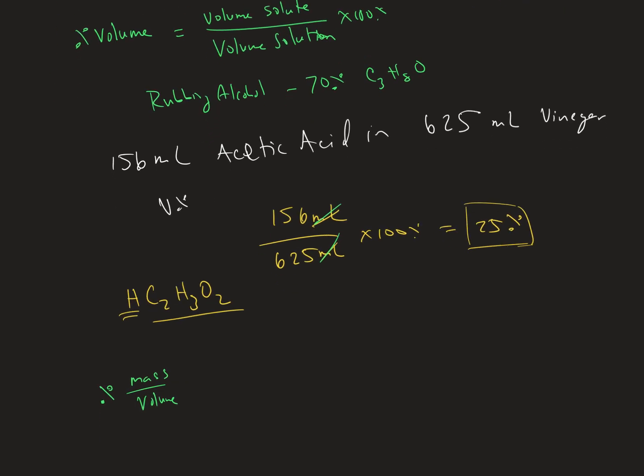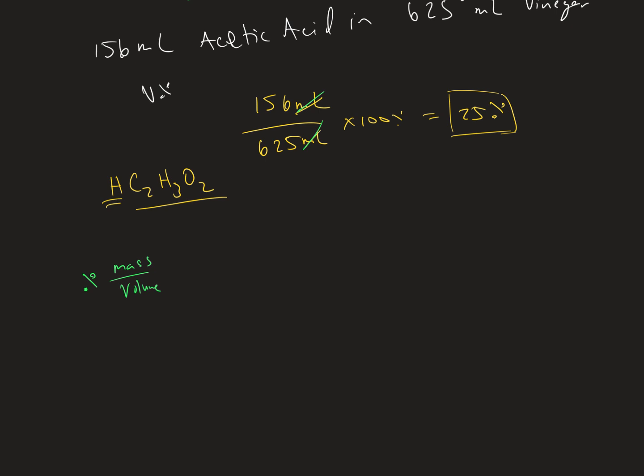Can mass ever cancel out with volume? If we're dealing with aqueous solutions. And in chemistry, most of the solutions we deal with are aqueous. So it is okay, but we have to know that the density of water is 1 gram per milliliter.